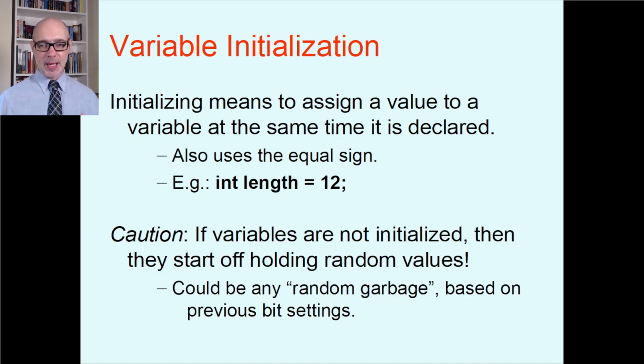Now, here's a major thing you need to be cautious about: if you forget to do that, if your variables are not initialized, then they're going to start off holding random garbage values. Could be anything. The variable is a place in memory, a bunch of bits, a bunch of switches.